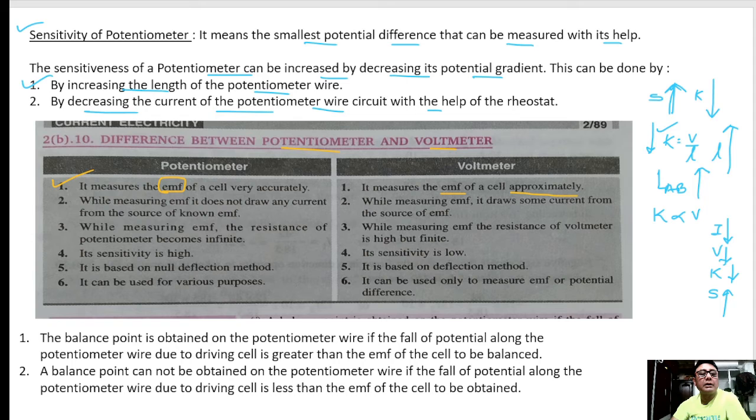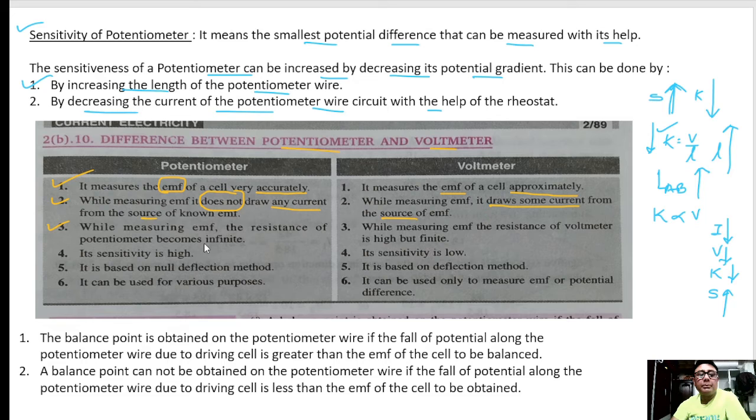Second, while measuring the EMF, the potentiometer does not draw any current from the source. And here, the voltmeter draws some current from the source.